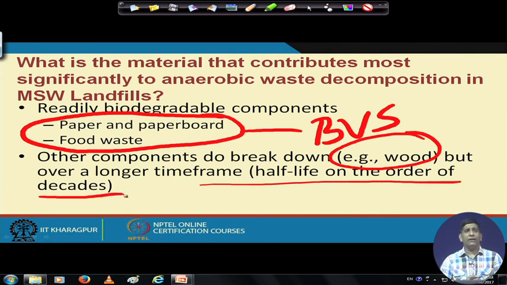What is half-life? Half-life is, say you start with X amount of a particular fraction of something which is biodegradable, in terms of this discussion. After how much time, in minutes, months or years, will it go to X by 2, like 0.5 of X. That's called the half-life.